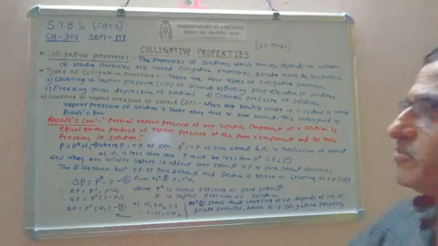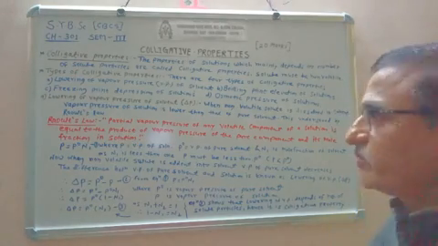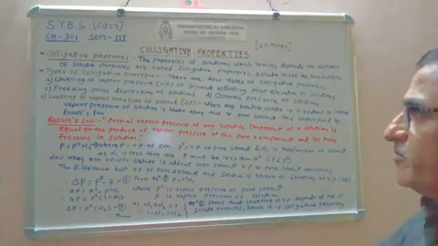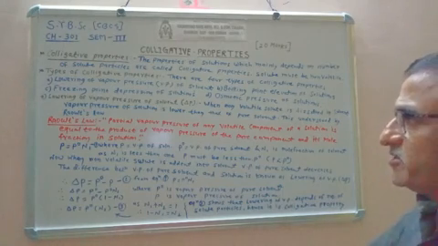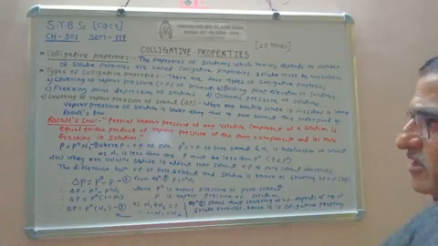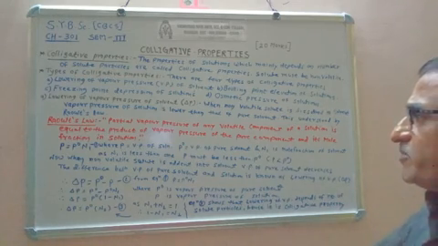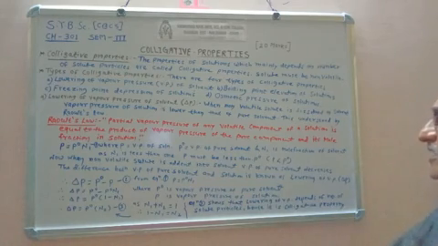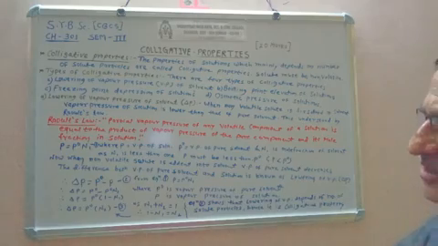So the statement of Raoult's law is, the partial vapor pressure of any volatile component of a solution is equal to the product of vapor pressure of the pure component and its mole fraction in solution.